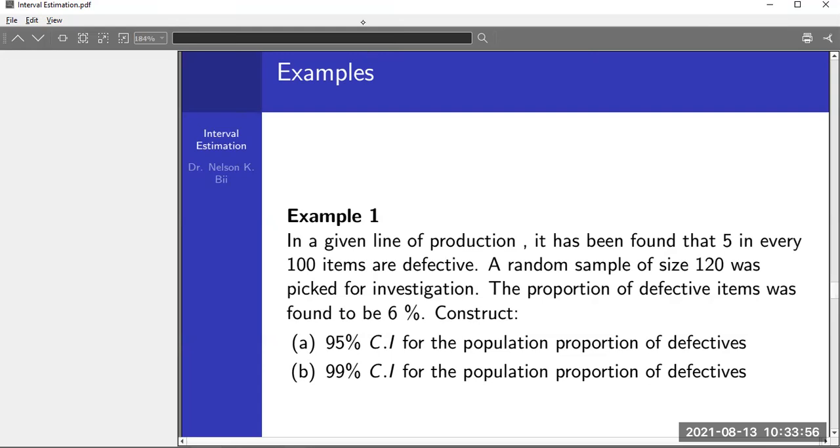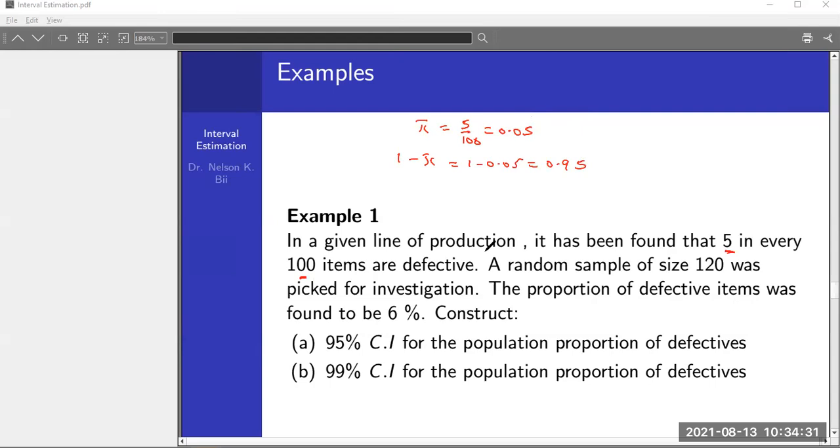From this question, we can write down what is given. We are given that 5 in every 100 items are defective. So pi is 5 out of 100, which is 0.05. That goes without saying that 1 minus pi is 1 minus 0.05, which is 0.95.